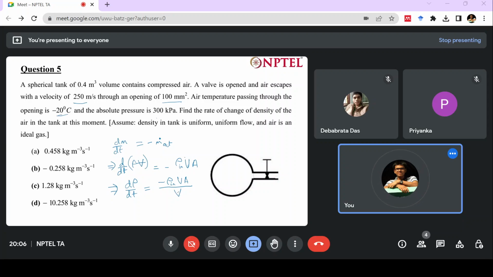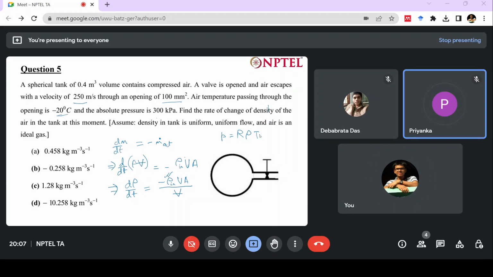To find this rho initial, we need to use my temperature and pressure from the ideal gas equation. That's why this ideal gas equation is given. So what's my ideal gas equation? My ideal gas equation is pressure equals R rho T, right?